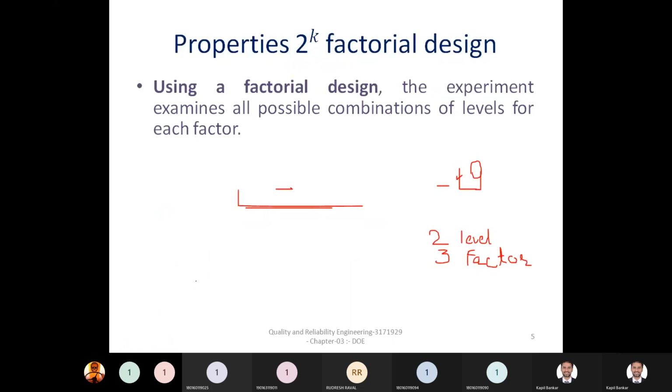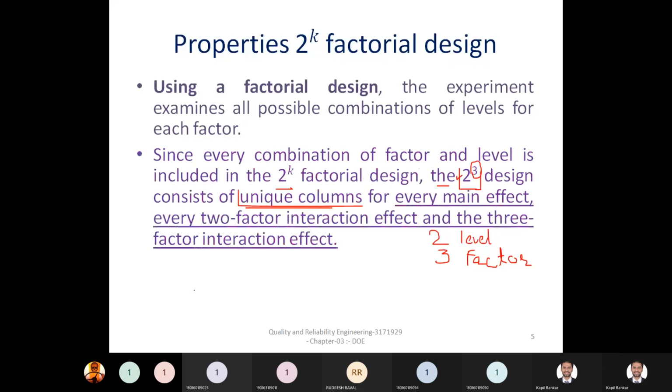So in this design, the 2^k factorial design consists of a unique column for every main effect. Each main effect has a unique column, and every two-factor interaction and three-factor interaction effect also has a unique column.